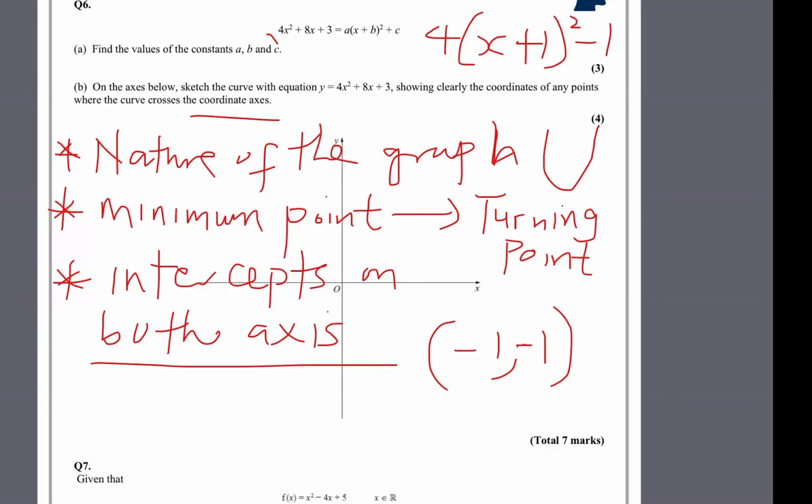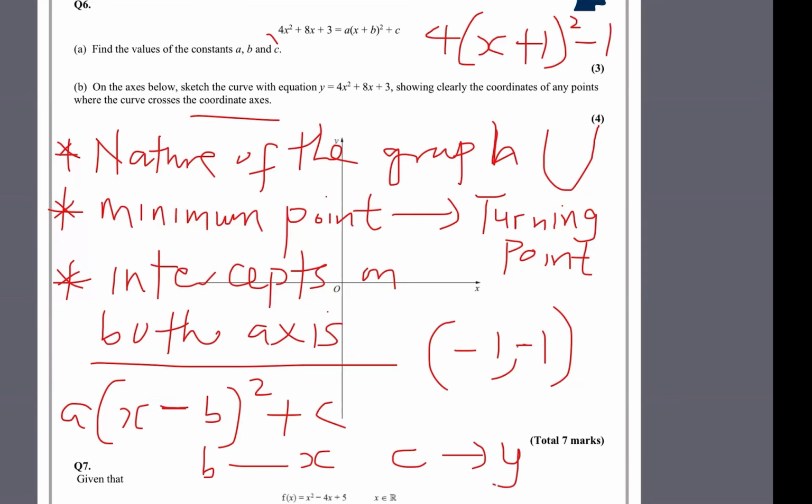If you express a quadratic expression in the form a bracket x plus b squared plus c, your b here is the x coordinate at the turning point, and your c is the y coordinate at the turning point. So we have been able to establish the nature of the graph. We already have our minimum point.